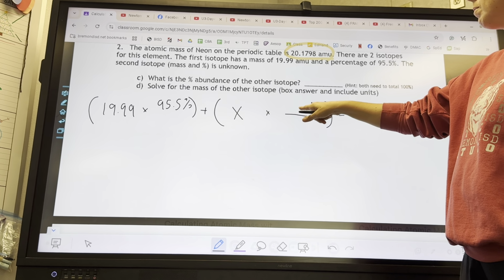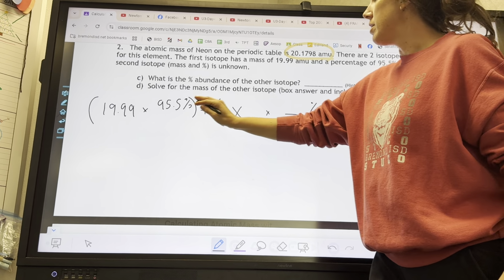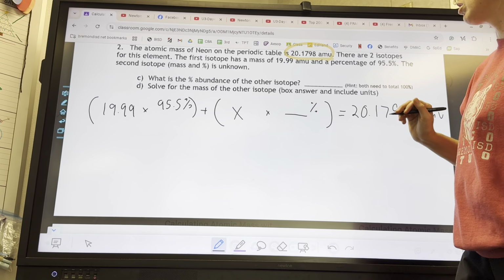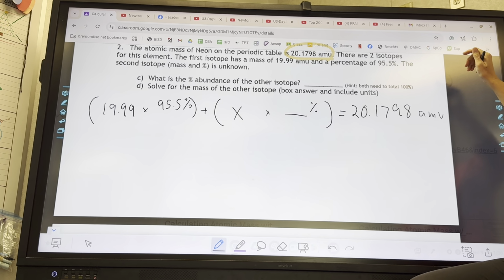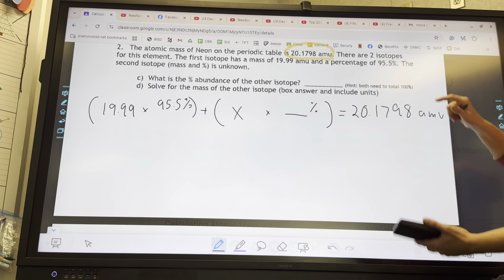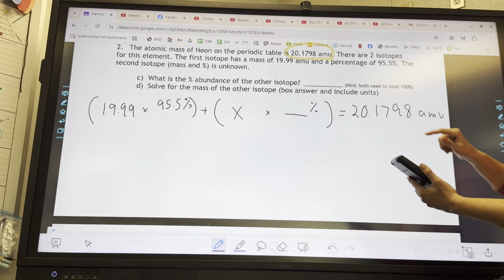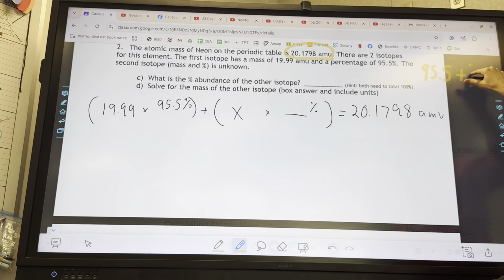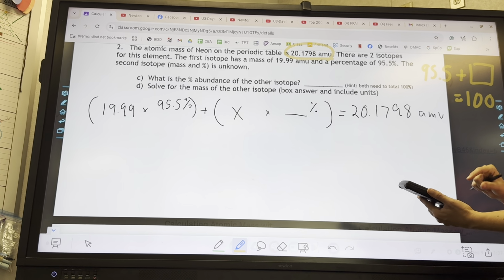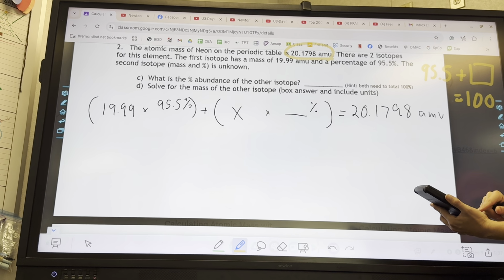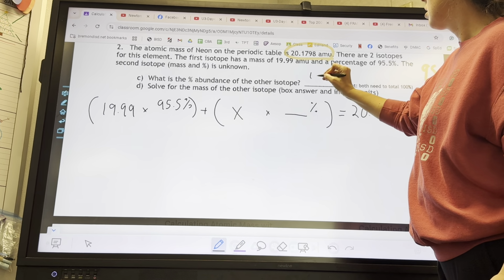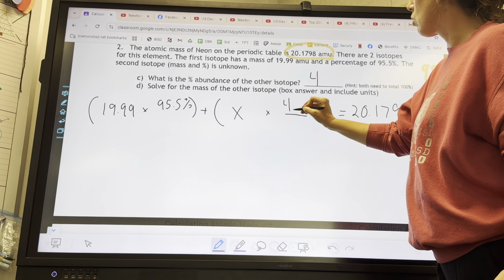We know that the abundance, this number plus this number, must equal 100. So isotope 1 is 95.5 plus what gives us 100%. So I'm going to do 100 minus 95.5 equals 4.5. So this other one right here is 4.5%.